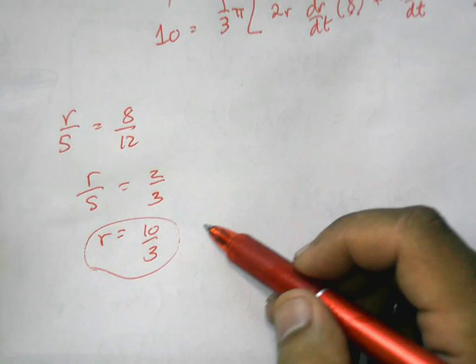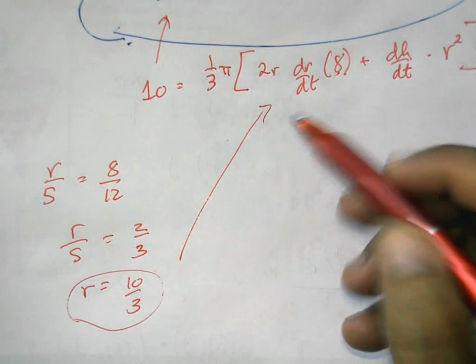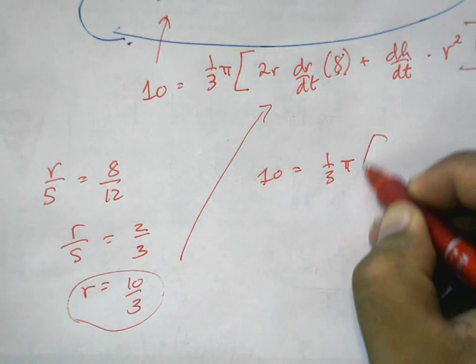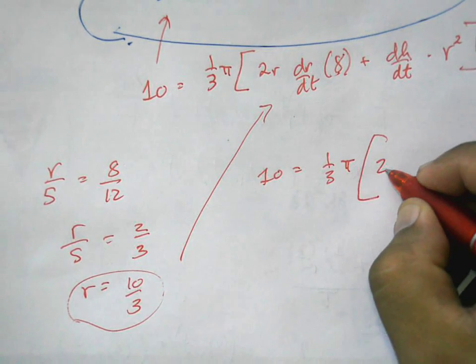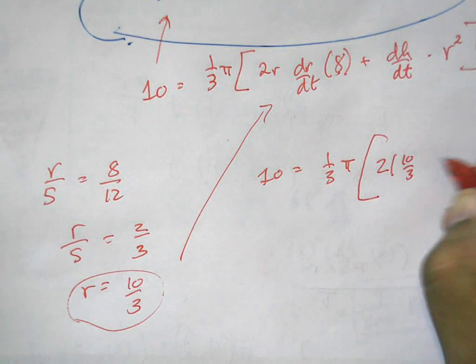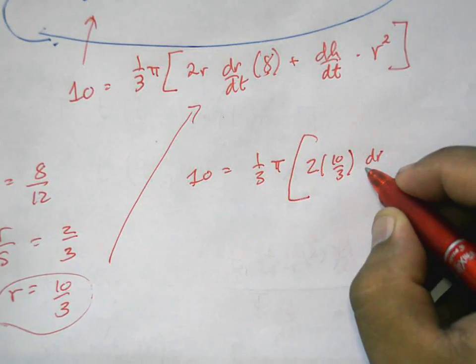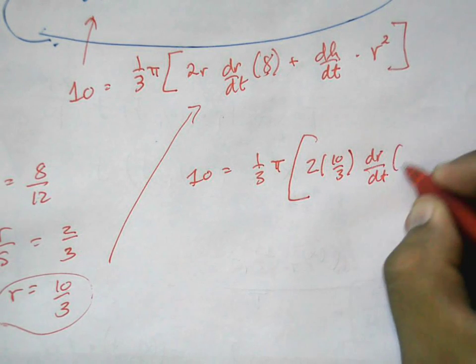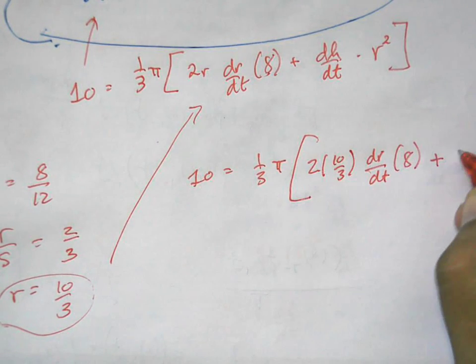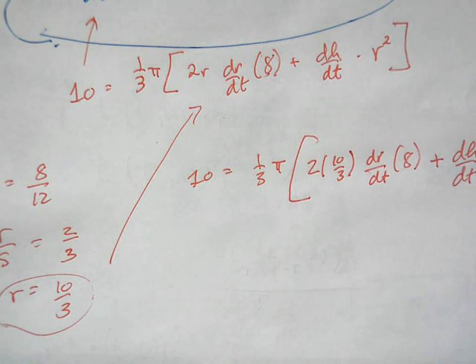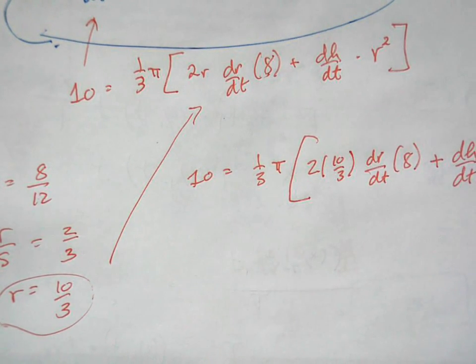So now I can take this and put it back into here, and now I get 10 equals 1/3 pi times 2 times 10/3 dr dt times 8 plus dh over dt times r squared, which is 100 over 9.